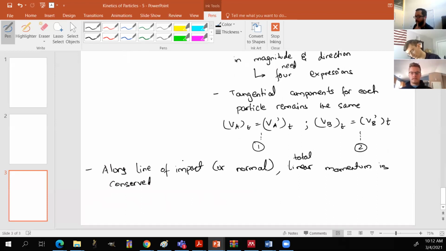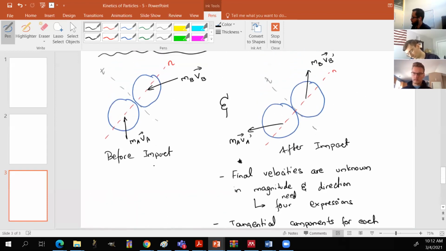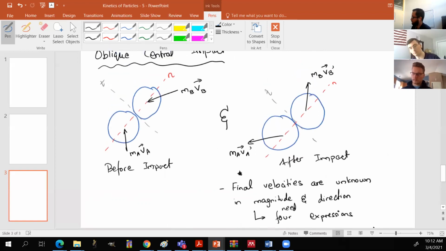Quick question. Yes, please. For the linear momentum, what's our R, the distance? Is it the two radii or the two diameters? Doesn't matter. Why does that matter? If I'm not mistaken, linear momentum is R cross product MV, right?